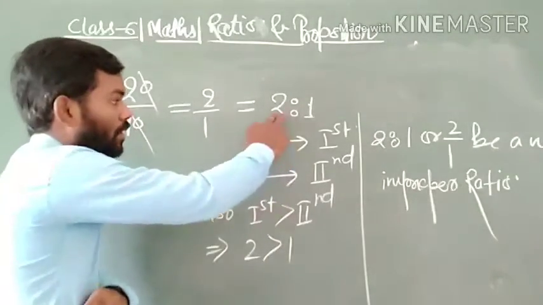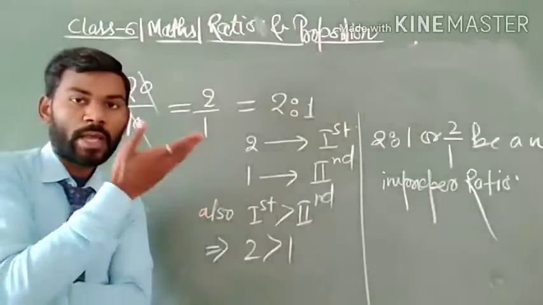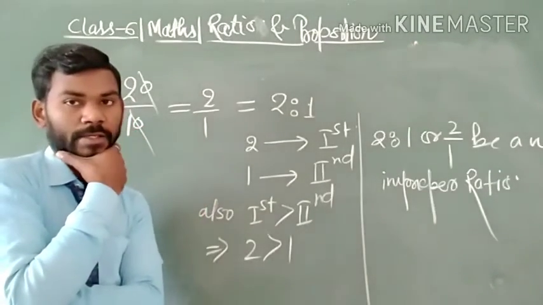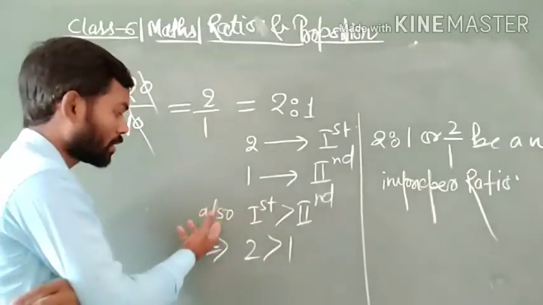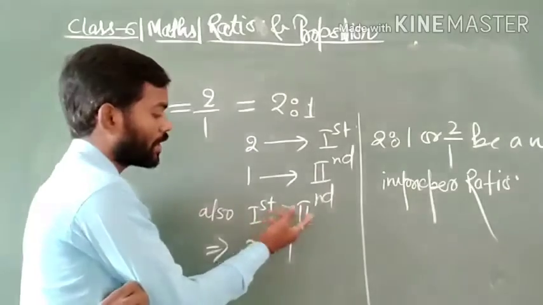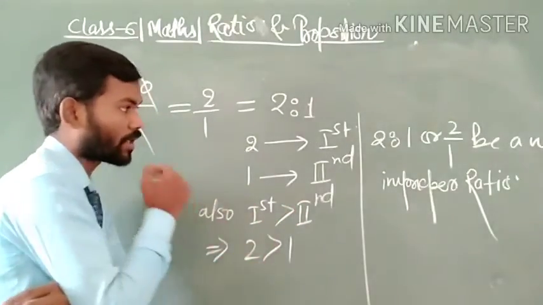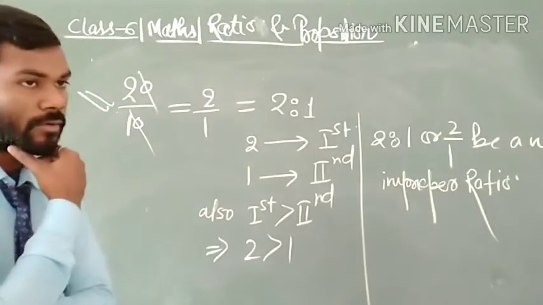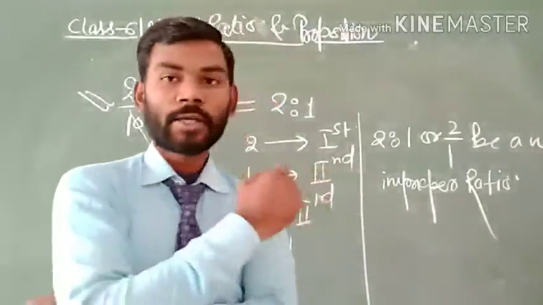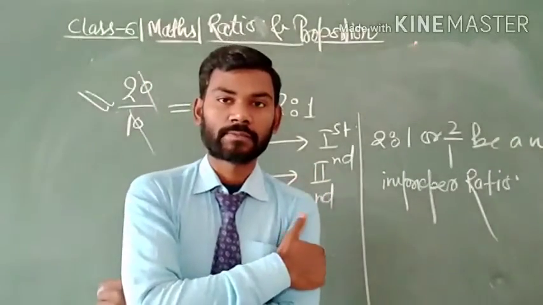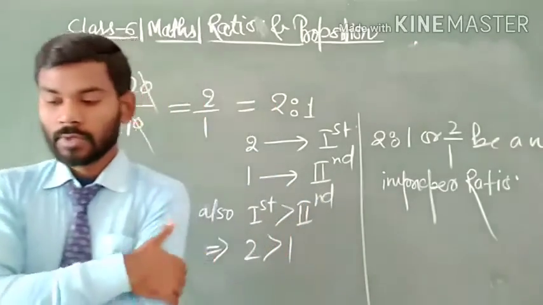Now from here we observe that 2 is the first term and 1 is the second term, and we conclude that the first term is greater than the second term, which means that 2 is greater than 1, which shows that 2 ratio 1 is an improper ratio. Okay.